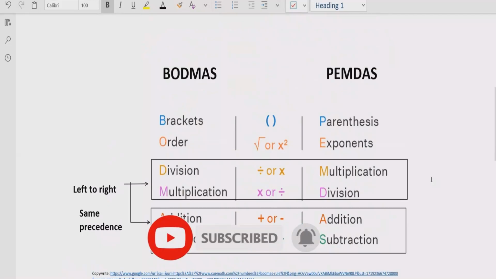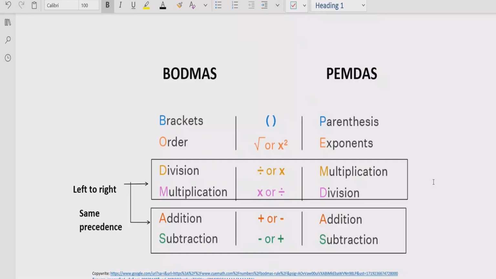Now, just recall what are the rules which we can apply to solve any arithmetic expression. The rule says if your expression contains any bracket or parenthesis, you have to solve that part first. After the bracket, you have to see the power of any number. If your expression contains any number which has a power, you have to solve that part after the bracket. Step number 3 is you have to solve division and multiplication.